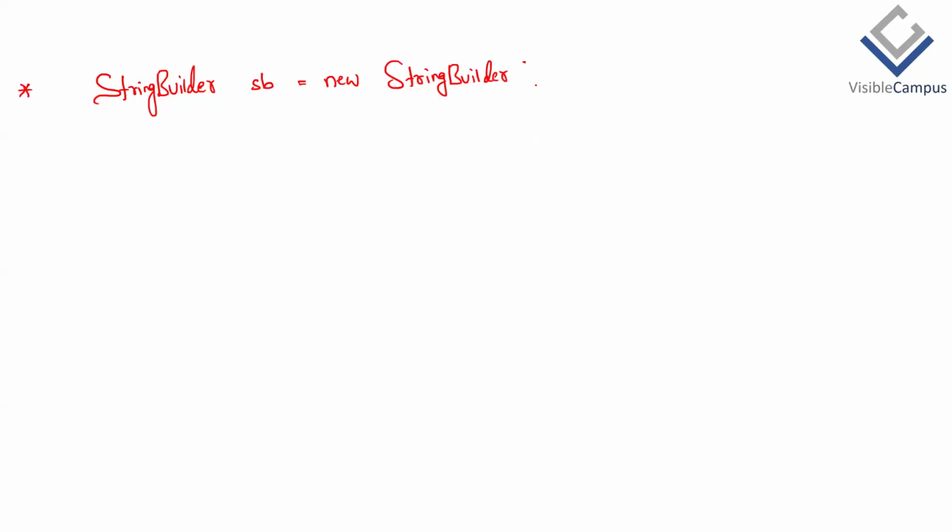Then here we can go for open and close parenthesis and a semicolon. So this is an empty StringBuilder object. If we are not giving any value, this is called an empty StringBuilder object.